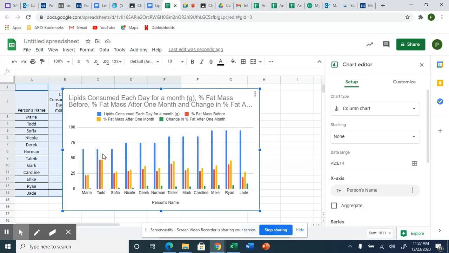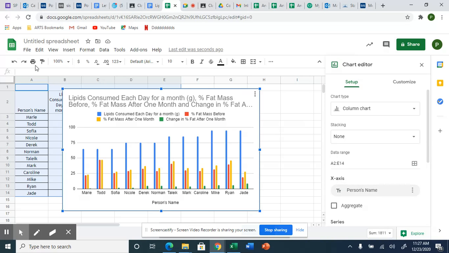And this chart will pop up for you. You see how nice Excel is? It does all the work for you.